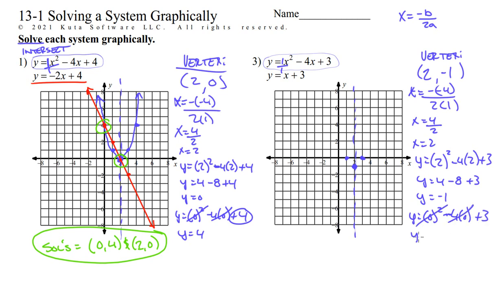Those turn into 0, so y is going to equal 3. So when x is 0, y is 3. That's 2 units away from our axis of symmetry, so go 2 units past that, and there's our other point. Try to draw this as best you can. Decent-ish, not perfect, but we're just going to have to go with it.